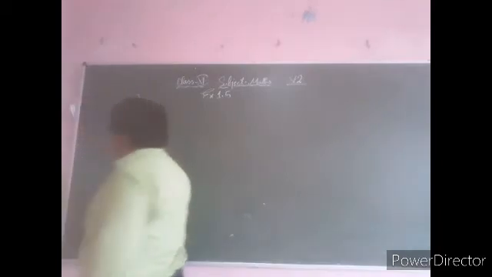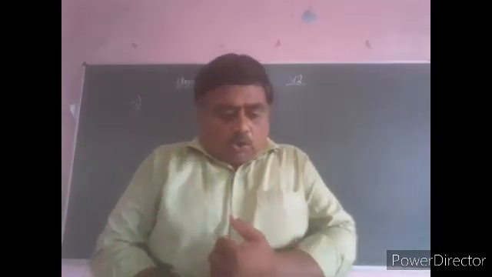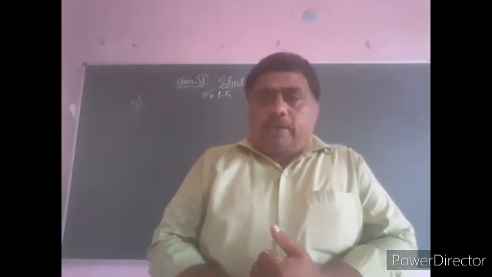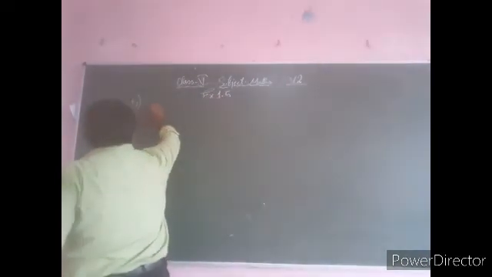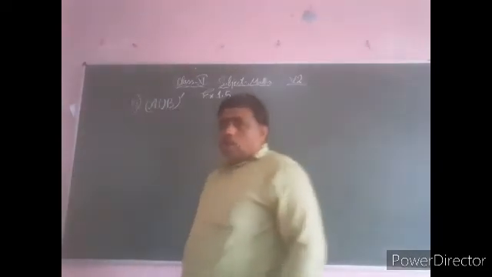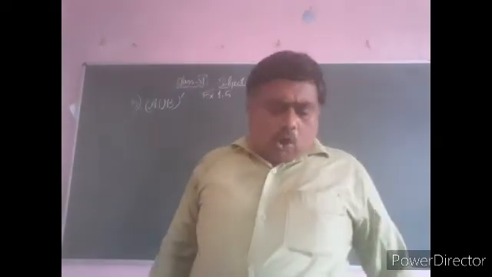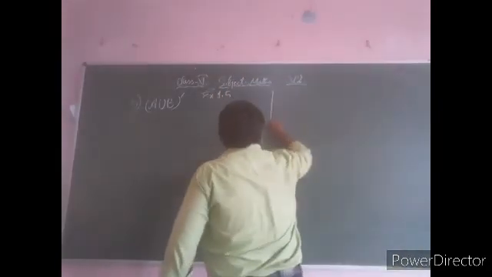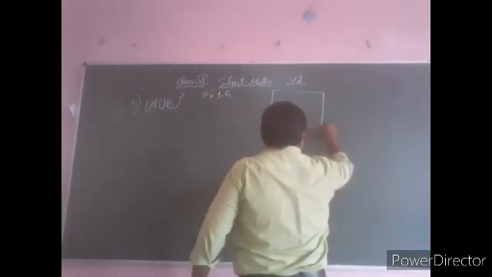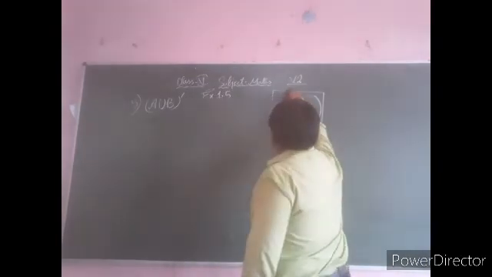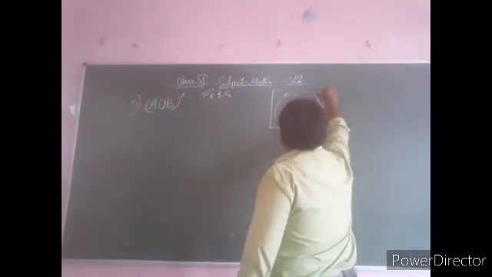So question number 5, draw appropriate Venn diagram for each of the following. A union B complement. So if we want to draw the Venn diagram of A union B, A is this, B is this, this is the universal set.